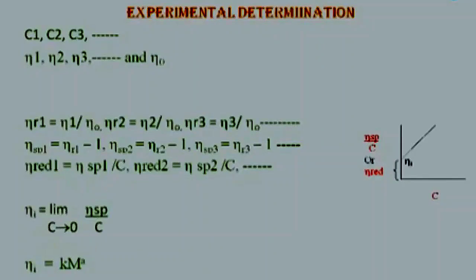Then, as you know, intrinsic viscosity is related with the molecular weight by the relation eta I is equal to K into M raised to power A. So M can be calculated if eta I, K and A are known. Here the only unknown factor is eta I, which can be determined experimentally, and thus we can calculate the value of M, which is nothing but the viscosity average molecular weight.